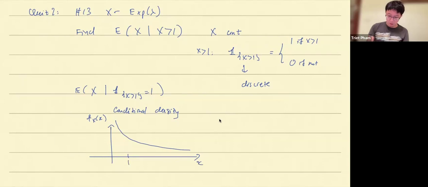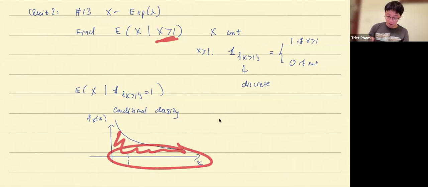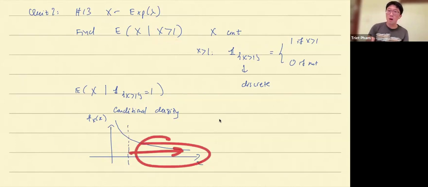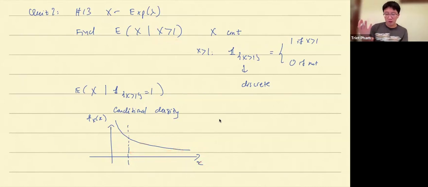But then you do know that it's not going to be over the whole range of values of X, but only over X bigger than 1. So basically you cut off from 1 forward, and you only look at this part. So by everything that makes sense, this has got to be the density.